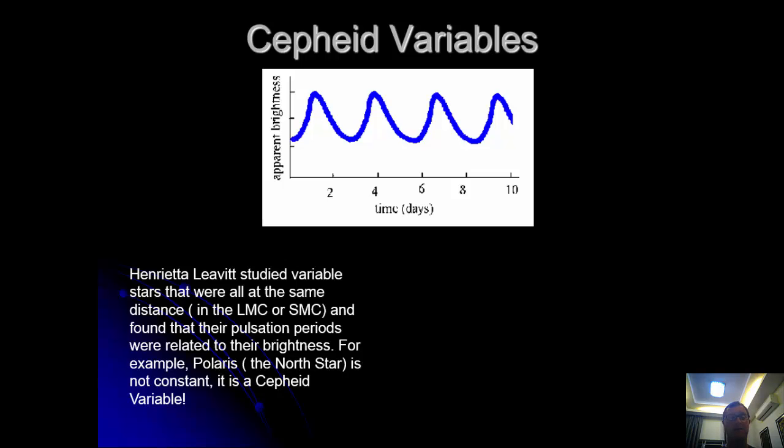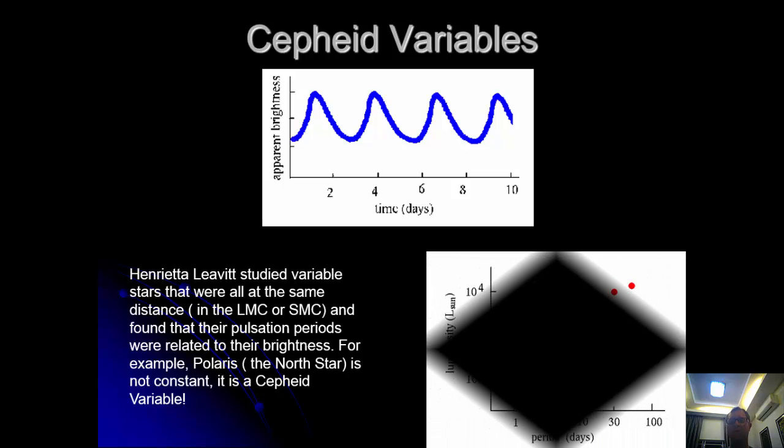They were appearing in what's known as the Large Magellanic Cloud and the Small Magellanic Cloud. And what was found is that their pulsation periods were related to brightness. An example of this is our North Star, Polaris, which is not constant, it's actually a Cepheid variable.